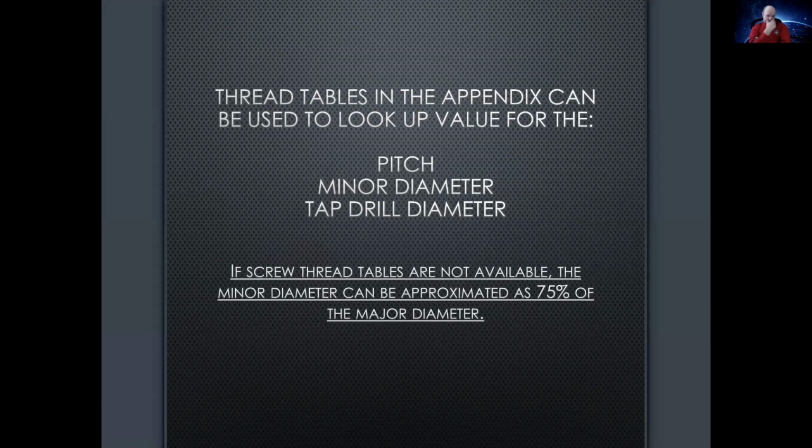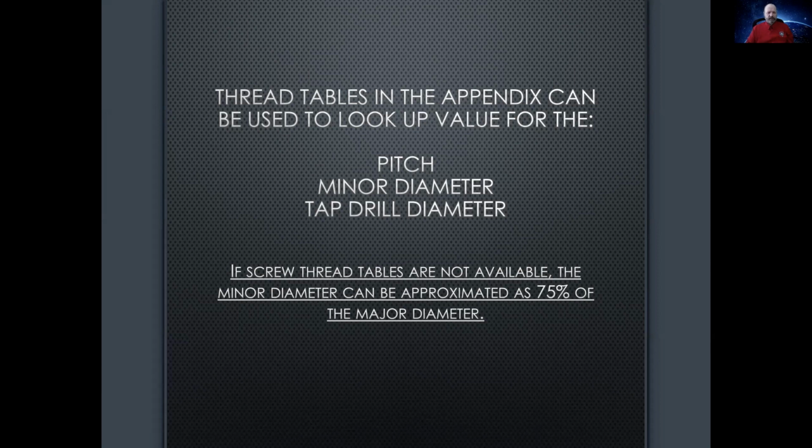All right, so we learned some terminology today. The big thing that you're going to really have to deal with in the homework is looking up things in thread tables. The thread tables are in the appendix of your book. I might provide some tables as well on the homework; I don't remember, I'll have to check that out. But hopefully you all have your book at home.